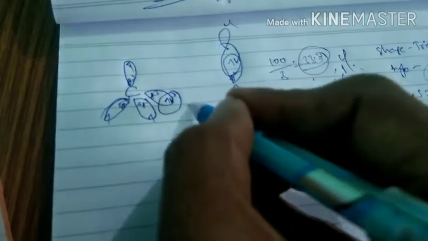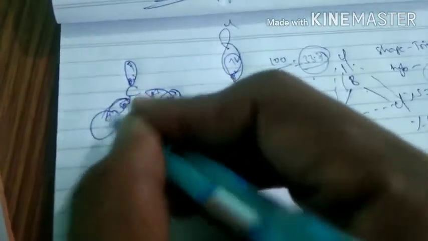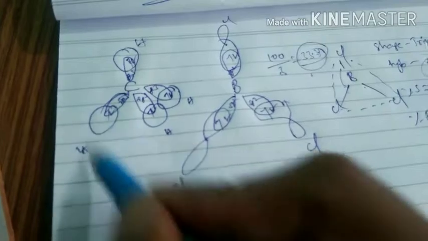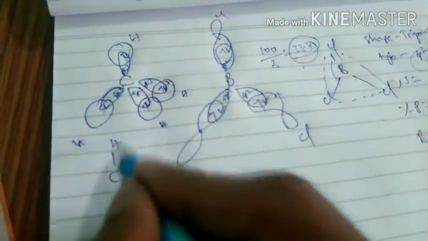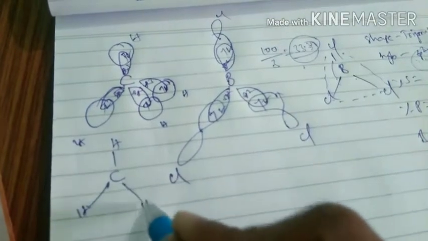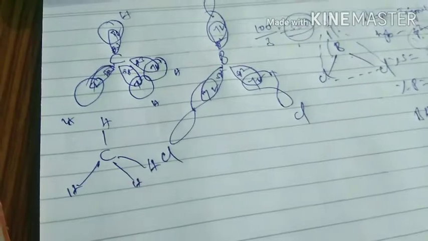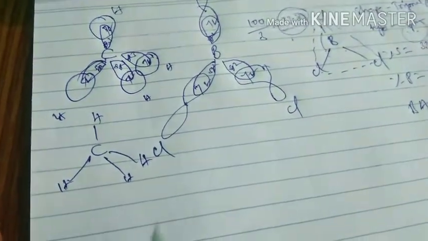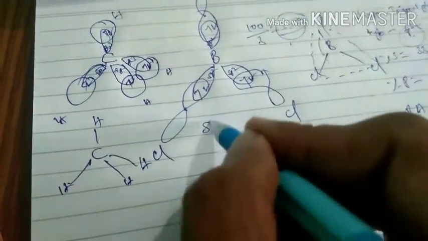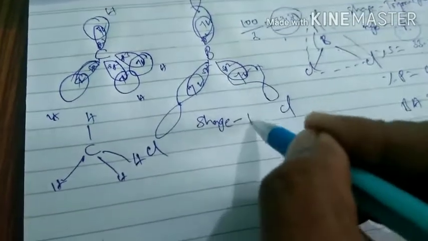The s orbital of hydrogen, because hydrogen also contains one unpaired electron which is present in the s orbital. The s orbital shape is spherical. After overlapping, bonds will be formed like this. This is called tetrahedral arrangement. So the shape is called what? Tetrahedral.